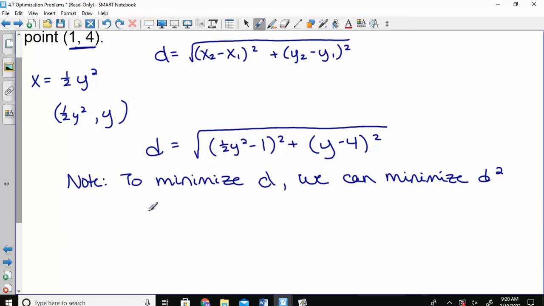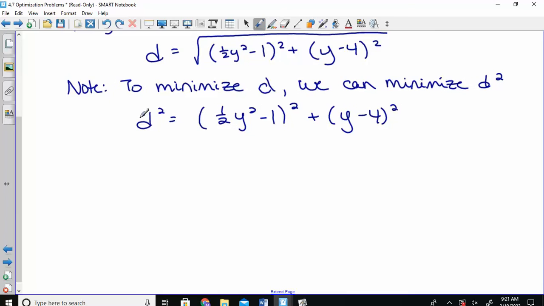In other words, we can minimize this without the square root. And that just makes our math easier without changing the answer.